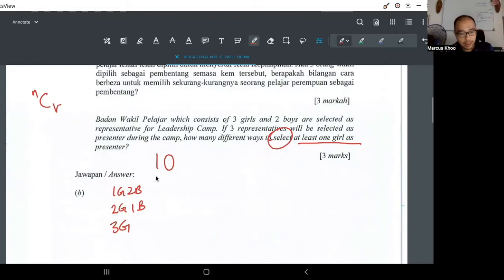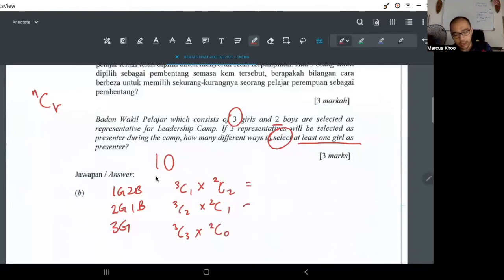So 1 girl and 2 boys. There are 3 girls. Choosing 1 girl is 3C1 times 2 boys, 2C2. Then 2 girls, 3C2, 1 boy, 2C1. All 3 girls will be 3C3 times no boys, 2C0.